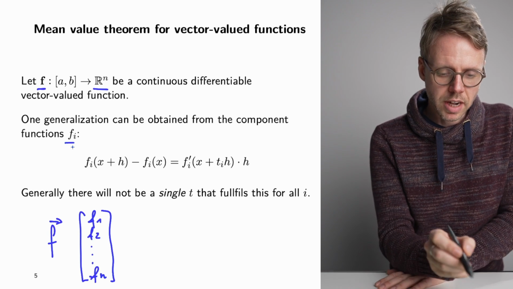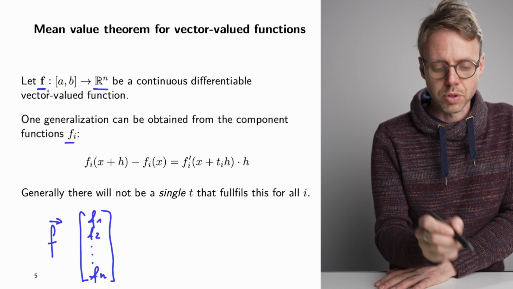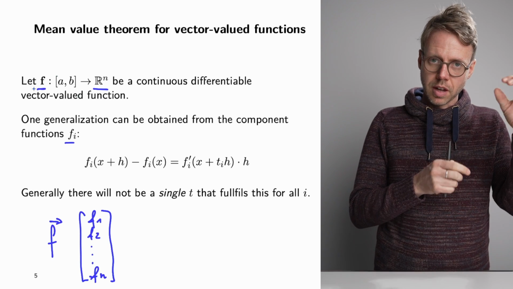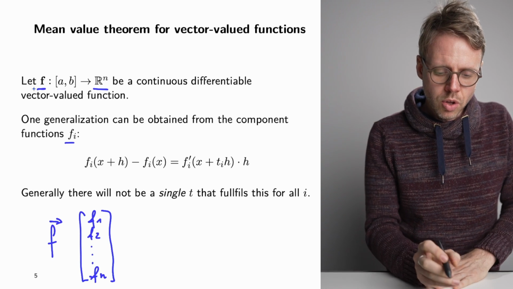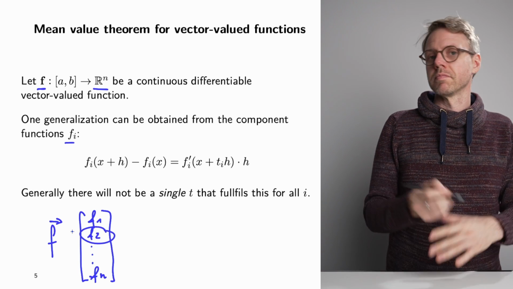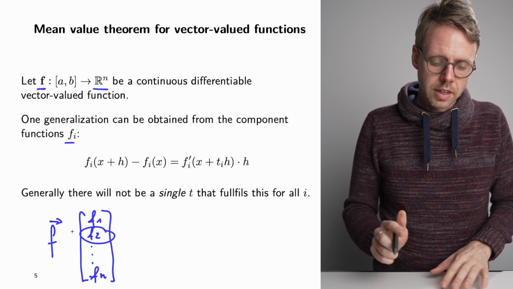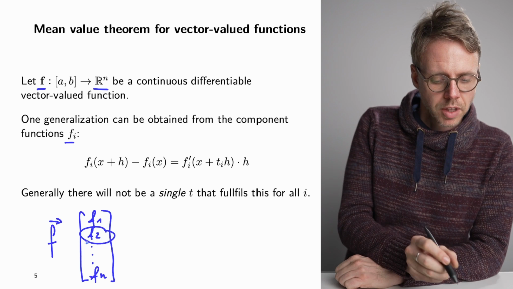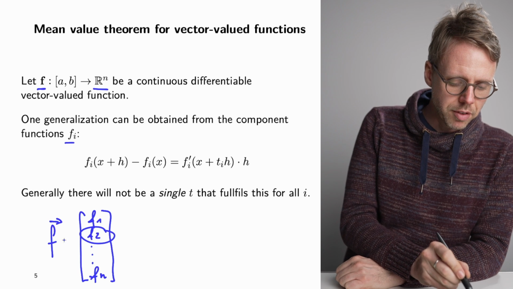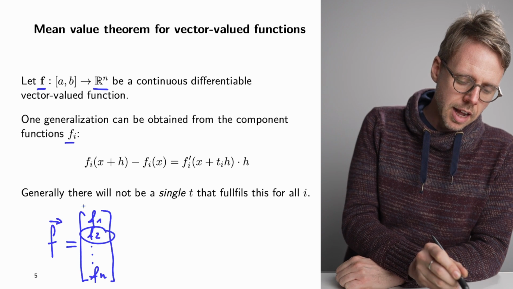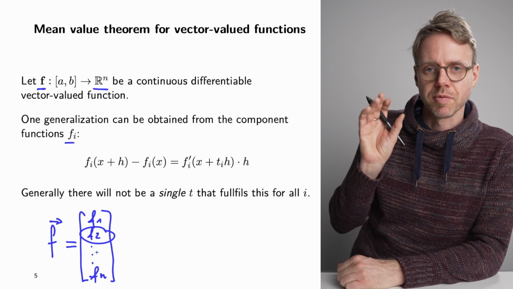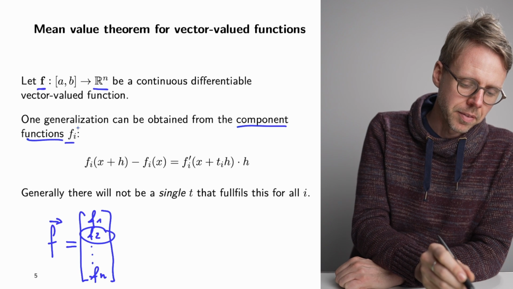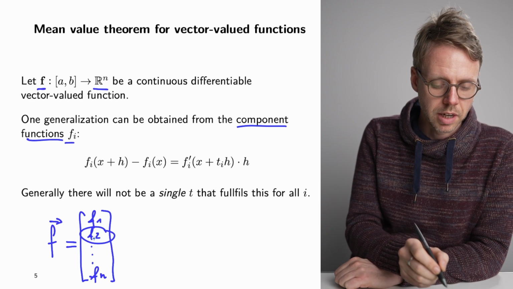You could always just compute boldface f, so the output vector, and ignore all but, say, one entry, in this case f2. Then we could define this function that computes the vector f and discards all the components except for one as the component function fi, for in this example i equals 2.